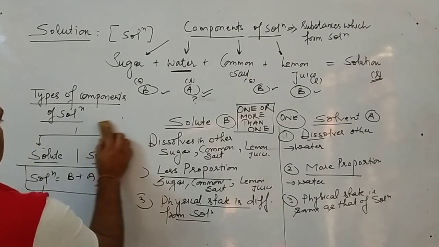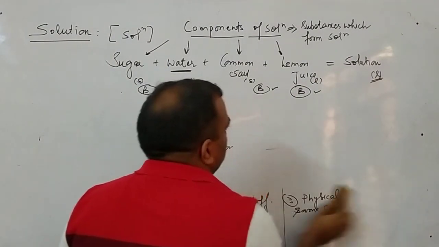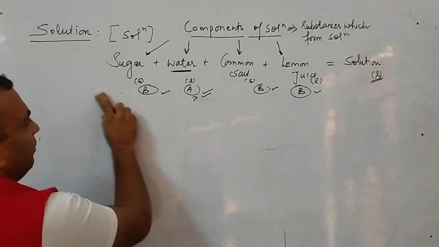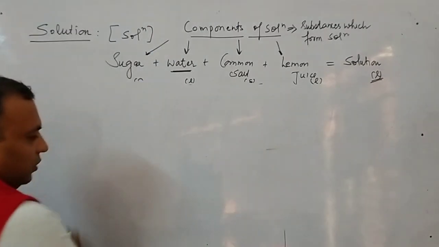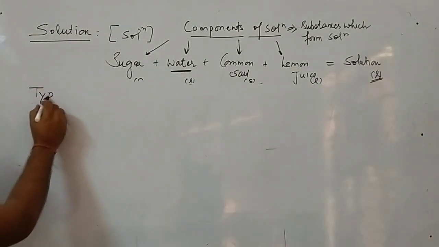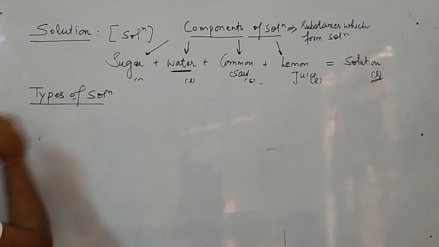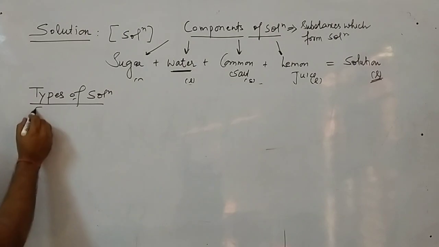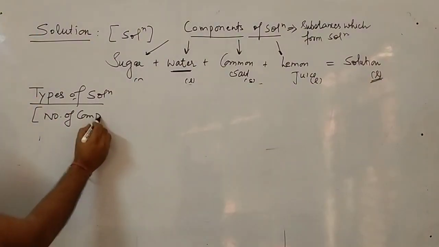Now listen, next that I do is types of solutions. How many types of solution I am having, just listen carefully. Types of solution on the basis of number of components.